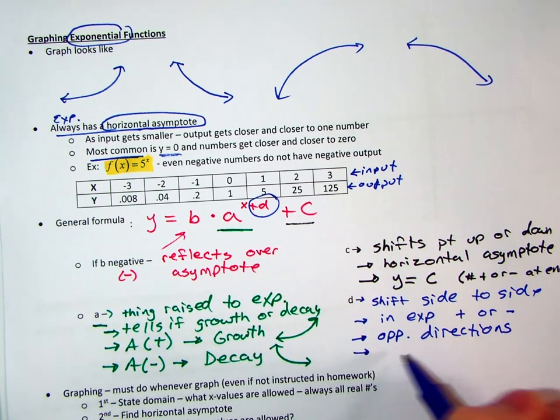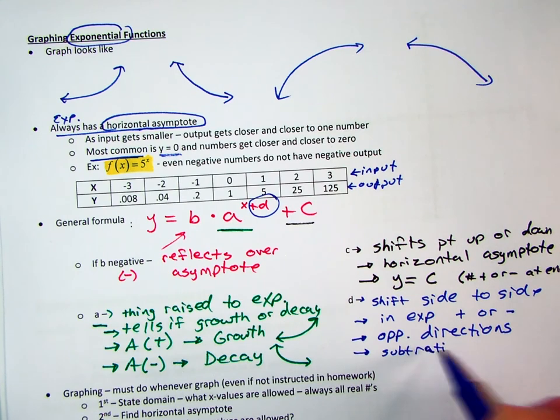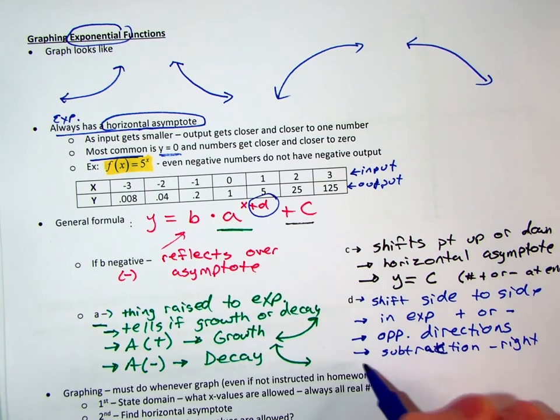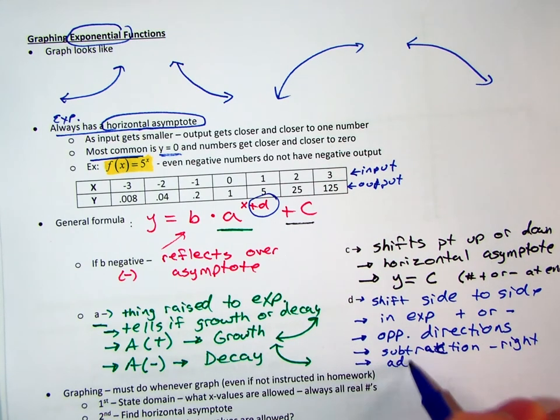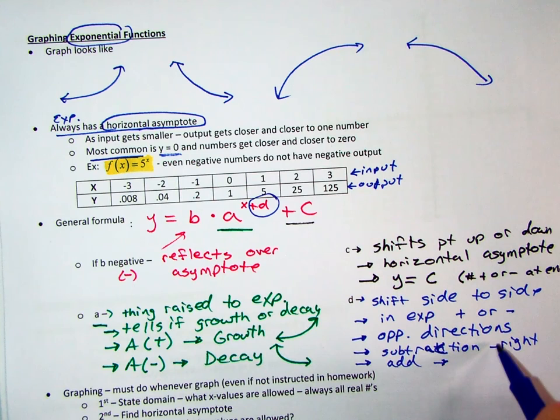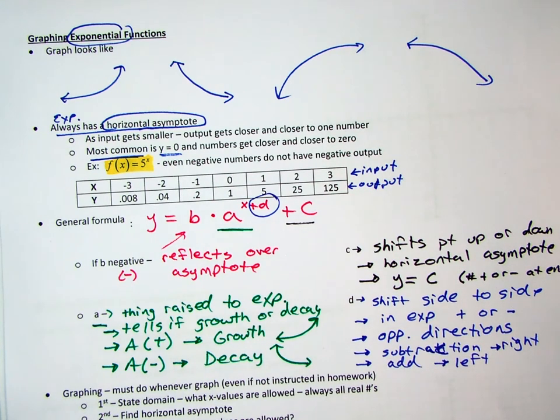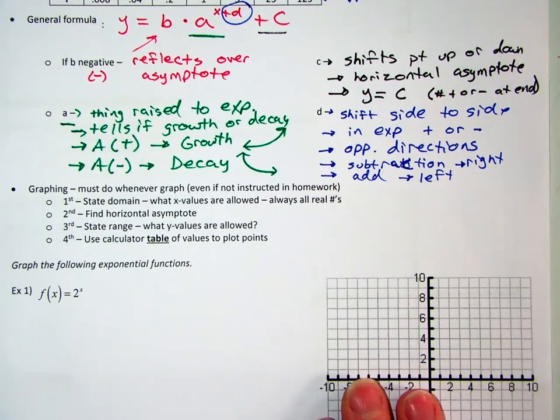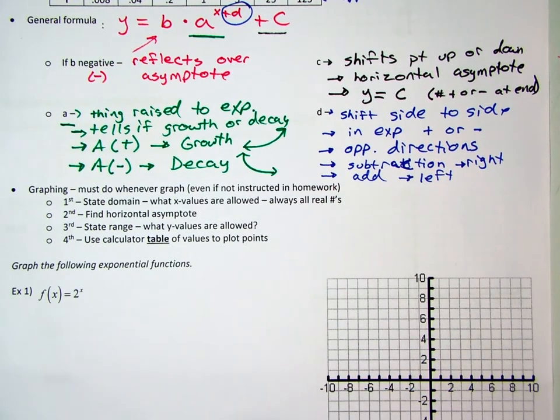So if it were subtraction, it moves it to the right. If it were addition, it moves it to the left. So the opposite of what you would think, because right is normally positive and left is negative, but it moves it in the opposite direction. Okay? So that's the pieces of it, and that will help you when you go ahead and graph this.